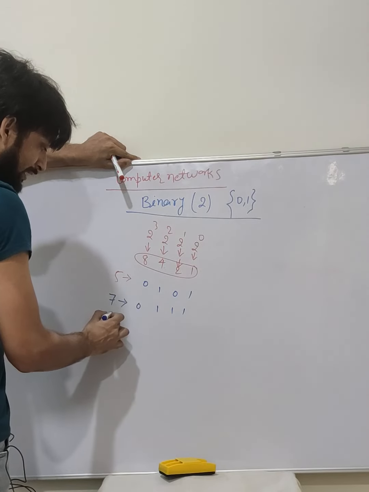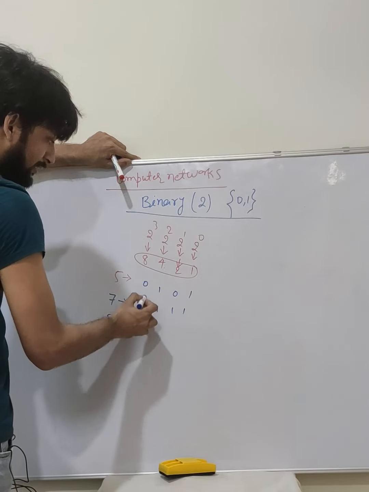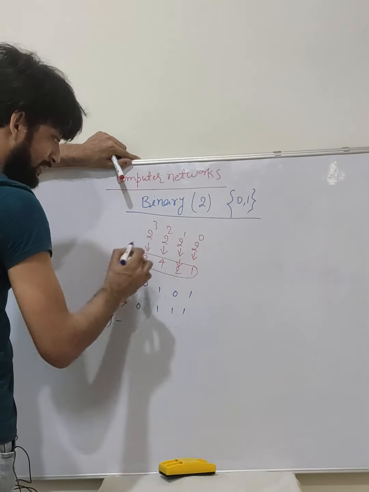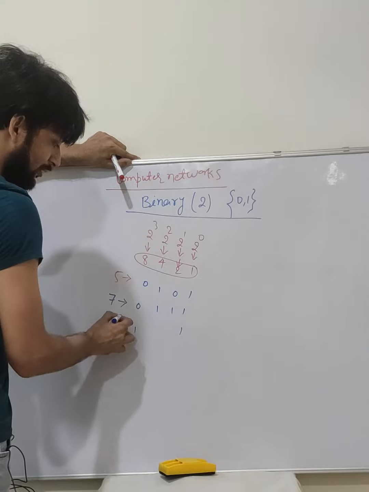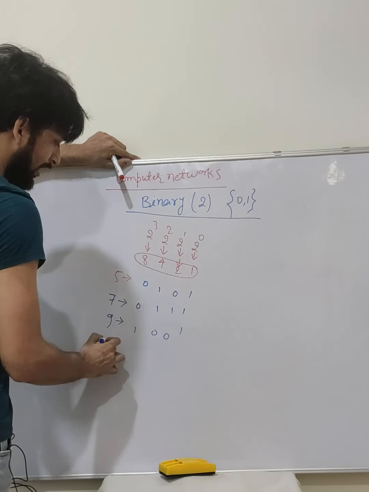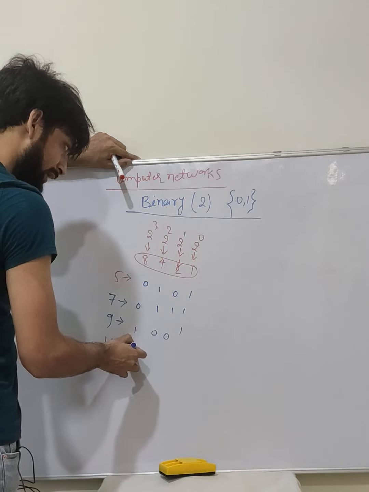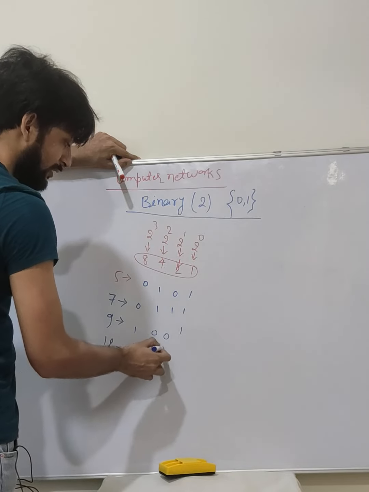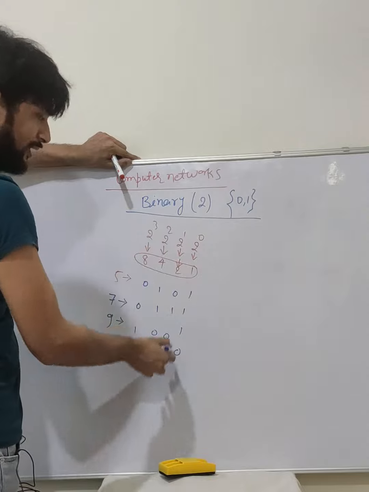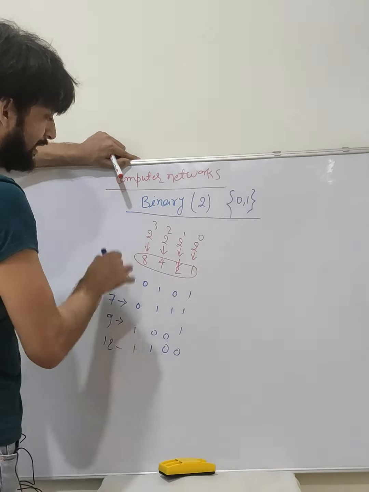If we want to represent 9, then 8 plus 1 is 9. The middle bits are 0. If we want to represent 12, 8 plus 4 is 12. Then these 2 bits are 1, remaining bits are 0. Like this we represent any number.